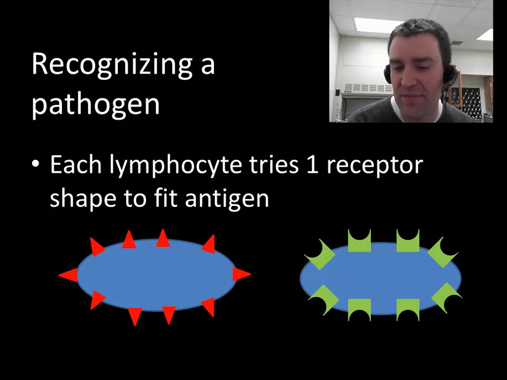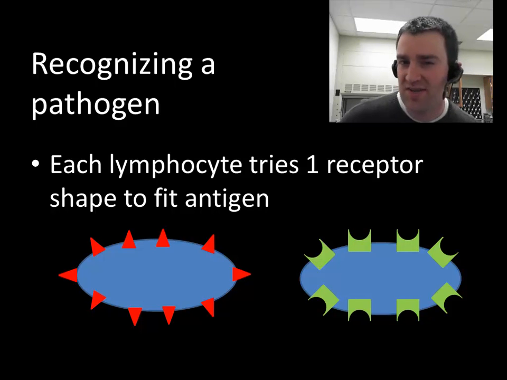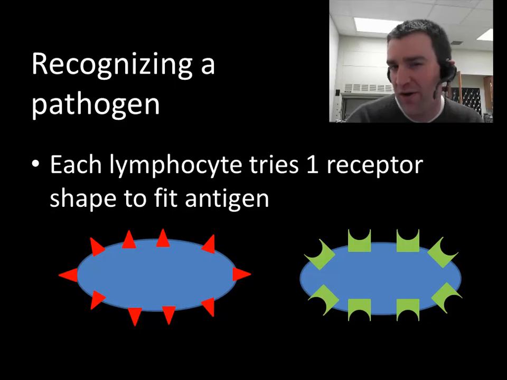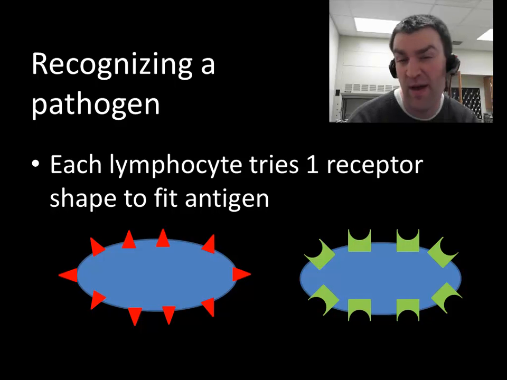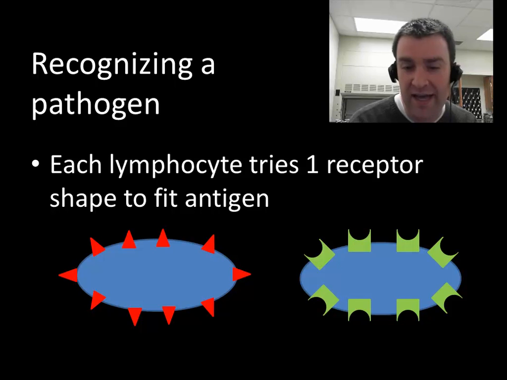The antigen might be on the surface of the bad guy. We're going to see that the antigen might be presented even by our own body cells when they're sick. But again, the antigen is some kind of surface marker on the bad guy. It might be some kind of membrane protein or membrane sugar, glycoprotein, or membrane lipid of some kind. Something recognizable to the bad guy. And the lymphocytes will have receptors that try to bind to that.